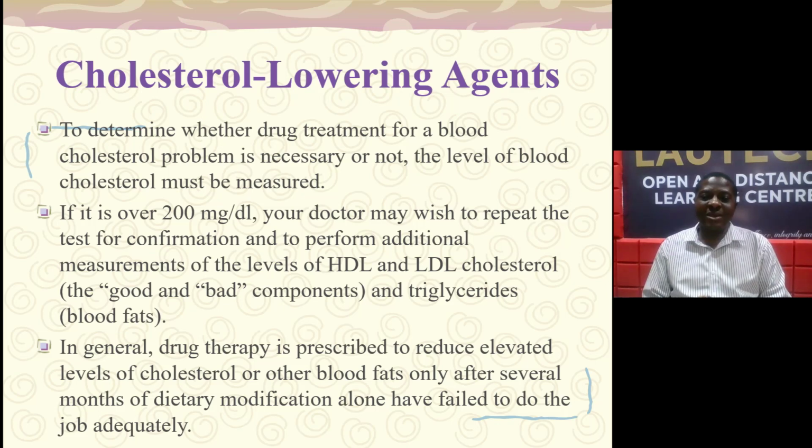We have high density lipoprotein and low density lipoprotein cholesterol. So that is the good and the bad component, and triglyceride, that is blood fat.